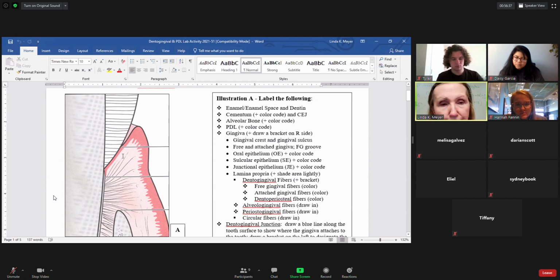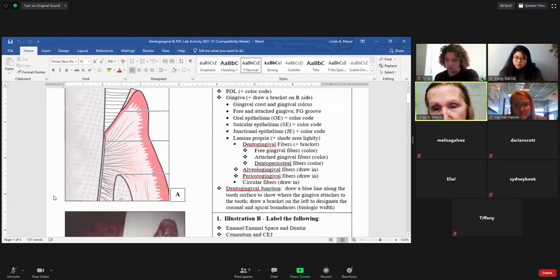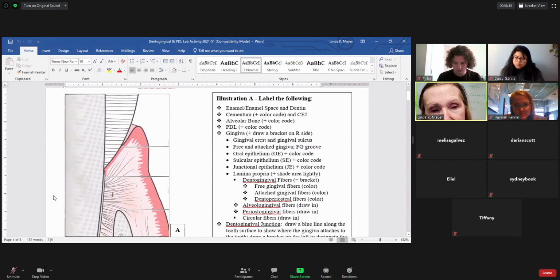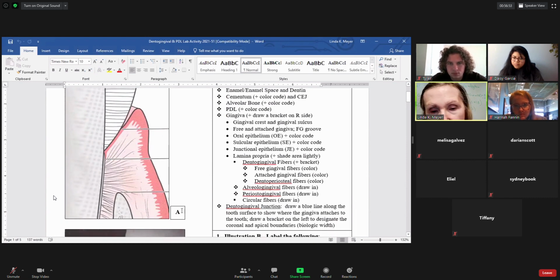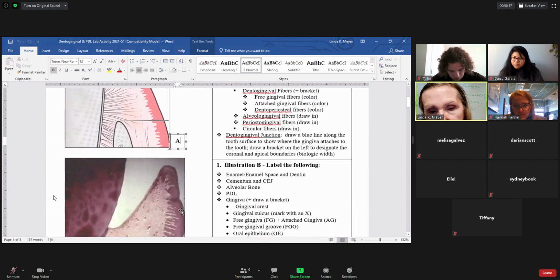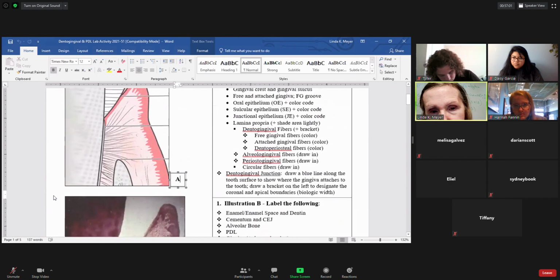And it's just turned the other way. I'm just having you get used to looking at this from different views. Okay. So we're going to go ahead and kind of label this again. I know it seems redundant, but it's just to drill it in. And so we'll have you do picture A and then go down to picture B and label the same things.